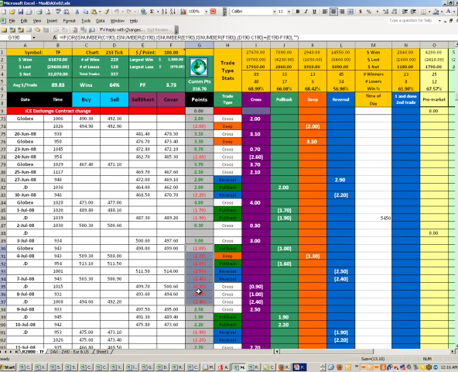Now, there's a live example I've got with one of the students I was coaching. We spent a fair bit of time developing a rate of increase table, talked about a rate of decrease table, and he started trading and got into a time where the market was running really well.